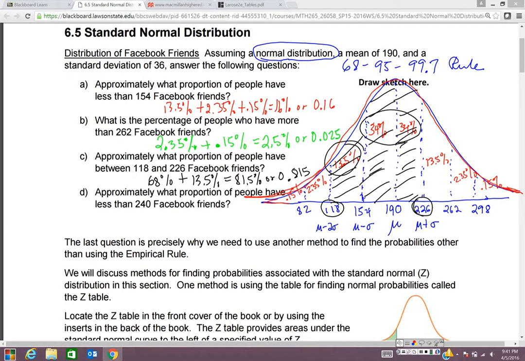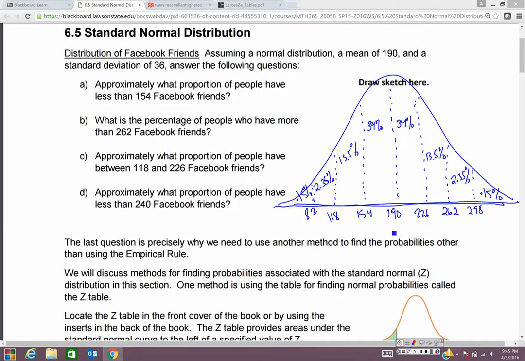Alright, next we have approximately what proportion of people have less than 240 Facebook friends. We do know that 240 is between 226 and 262. So it's somewhere in between these two numbers.